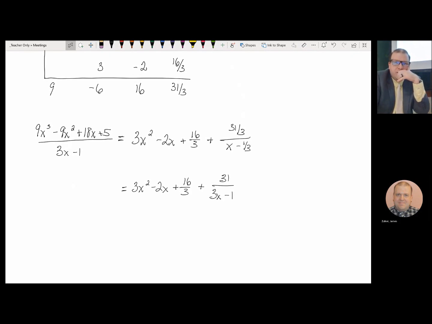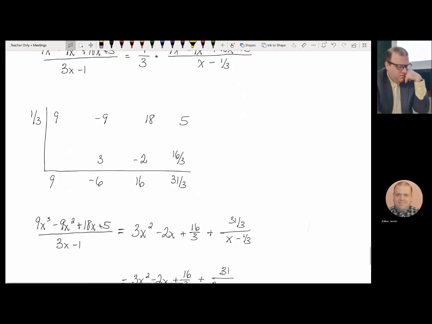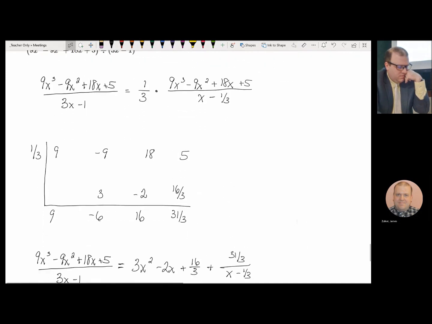Something doesn't seem right. Okay, the quotient gets divided by 3, but the remainder is just simplified. You don't divide the 31 thirds by 3 again, right?